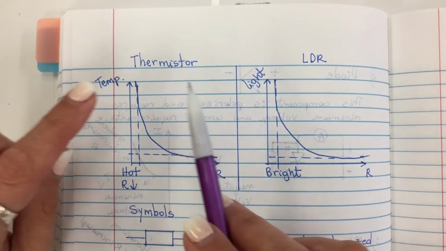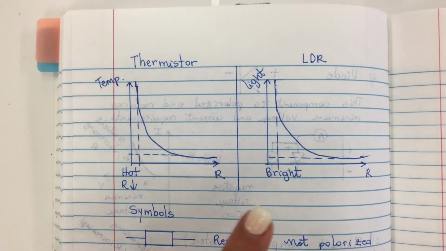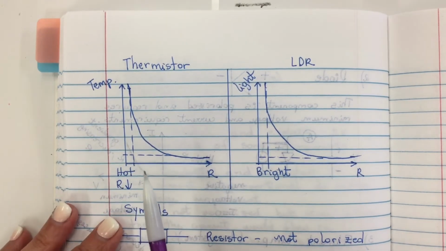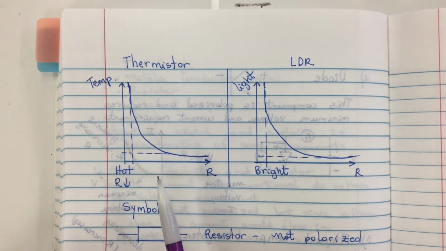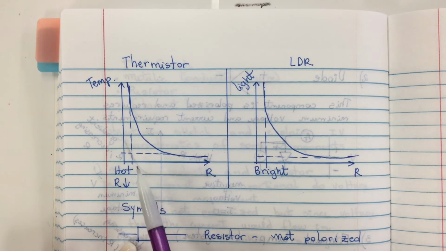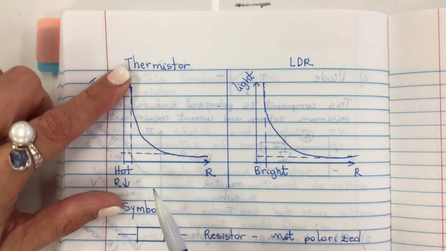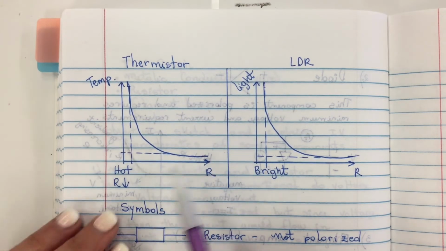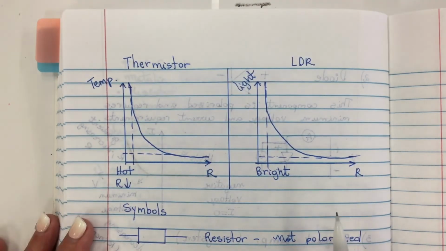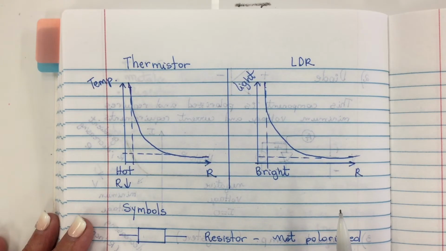For example, a thermistor is a resistor whose resistance changes with the temperature. Here you can see that when the temperature is high, the resistance is low. And when the temperature is low, the resistance is high. That's pretty much the type of graph for a thermistor.